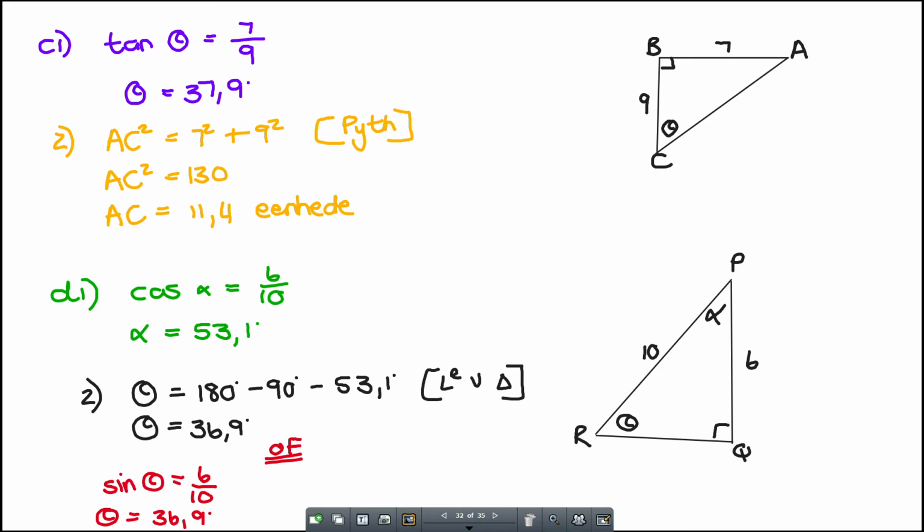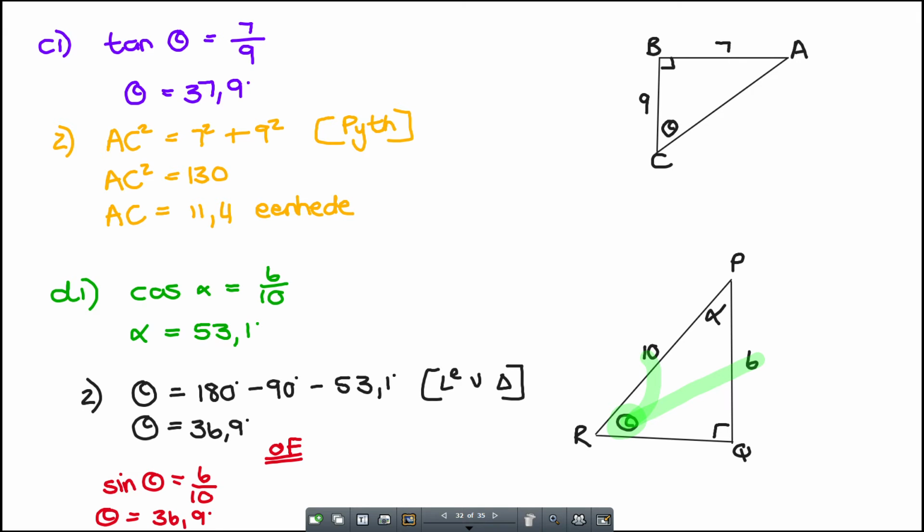Okay, now number 2, you could have used either one of these two methods. They asked me to calculate theta. Because these are interior angles of a triangle, I could say 180 minus 90 minus the size of angle alpha. That would give me what theta is, but remember your reason, angles of a triangle. If you didn't want to use that, if you wanted to use trig, then you could have said, because I'm looking for theta, I have the side opposite me, and I have the hypotenuse.